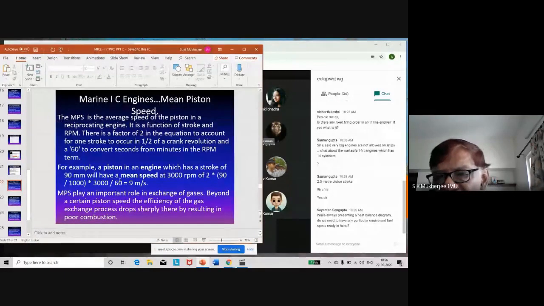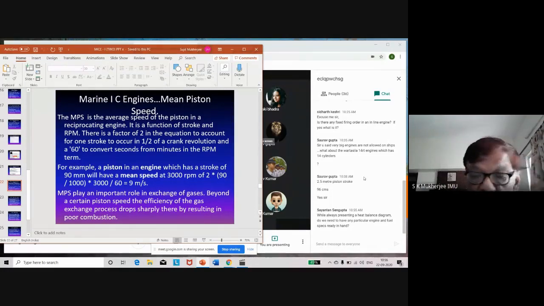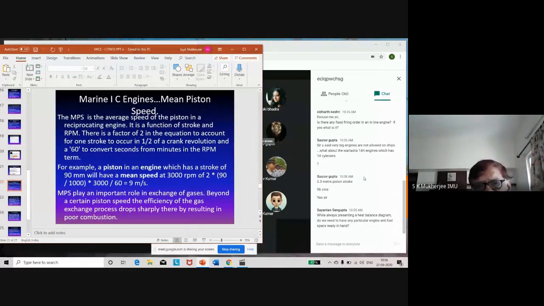Simple. What is it? Sengupta has a question: while presenting a heat balance diagram, do we need to have a particular... Yes, it would give more authenticity to your heat balance diagram. Simply stating 10%, 5%, 6%, on what basis are you suggesting these 10%, 20%, 15% going to losses? On what basis can you say my engine work is 40% or 37%?